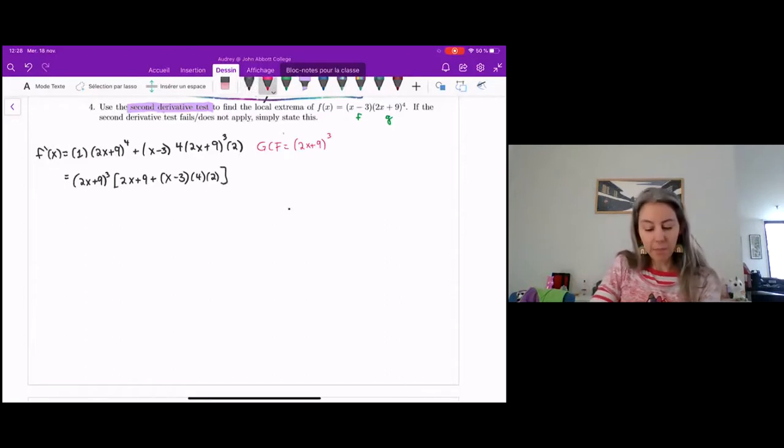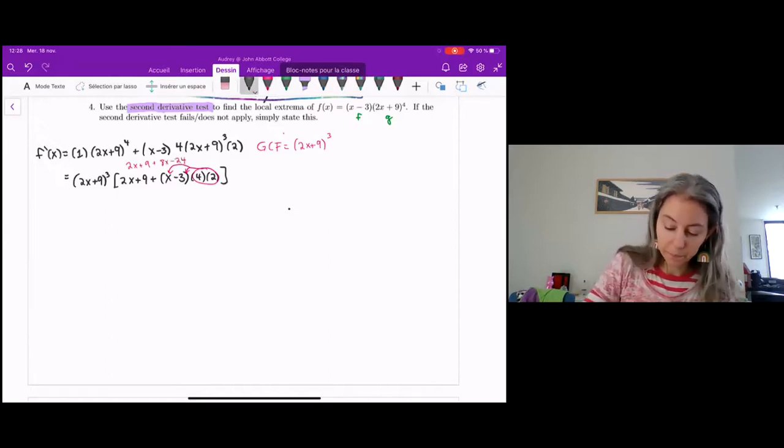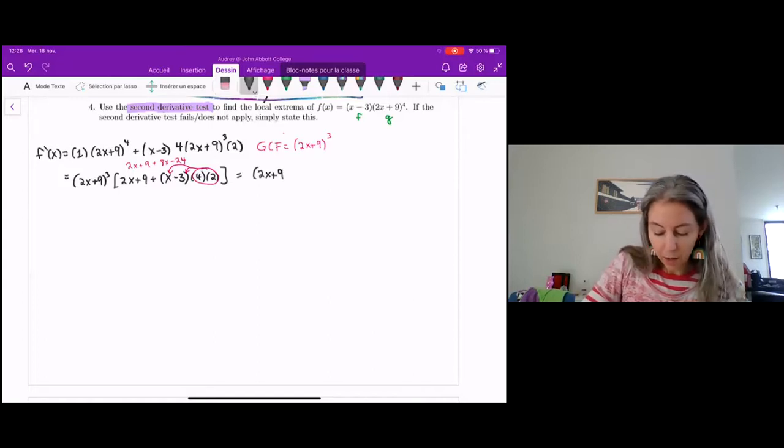Then I expand. So I'm going to multiply that 8 through and combine like terms. So I'm going to have 2x plus 9 plus 8x minus 24, which gives me (2x plus 9) cubed times (2x plus 8x, that's 10x, minus 15).